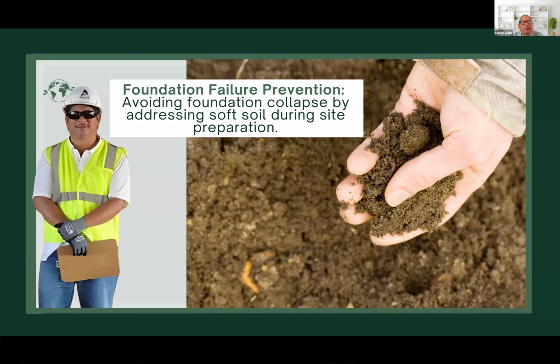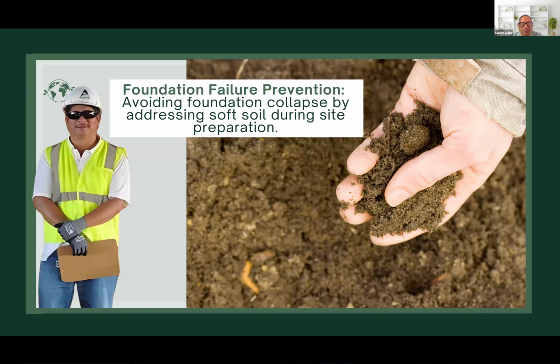Foundation failure prevention: avoiding collapse by addressing soft soil during site preparation. Now, here's the key. If you don't address the condition of the soil and you start building on it, you're taking a huge risk because you don't know what the bearing capacity of the soil is, right? So it's a really unknown situation.